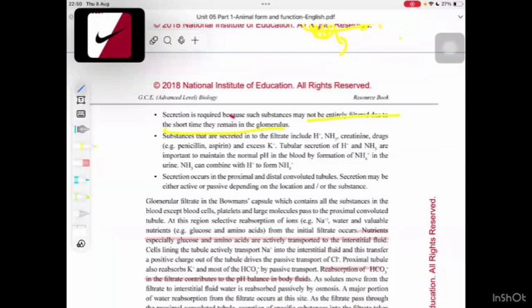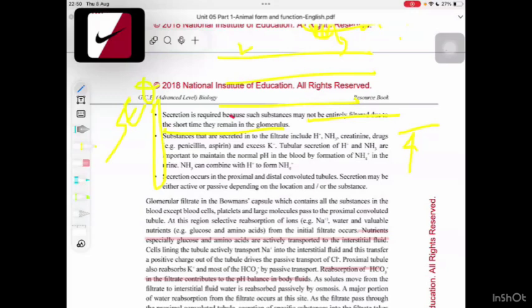That is why they have the adaptation as well, to at least increase the time by a little amount. They have a short time, but you can increase it, at least a little bit. So because of the short time, some harmful substances may not be entirely filtered. That is one reason. These are SCQ points. They can ask you these 3 SCQ points in short terms. What are the 3 reasons? May not be entirely filtered due to the short time they remain in the glomerulus.